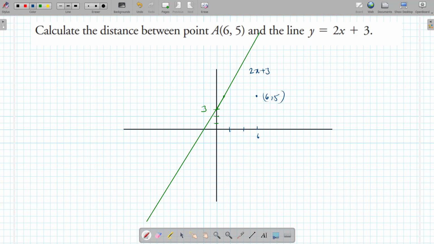What do you think we do? What if we just count this? Is this the answer? 1, 2, 3, 4, 5. 5 units. Will that do it?